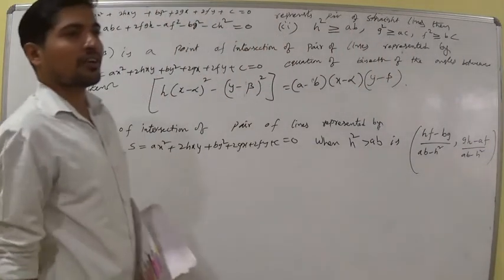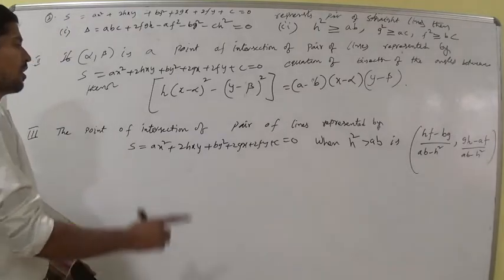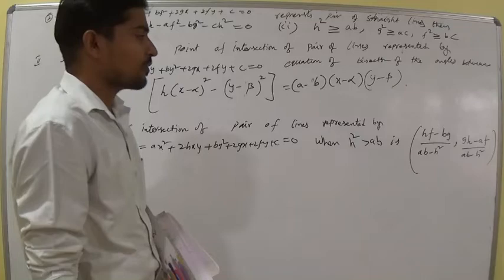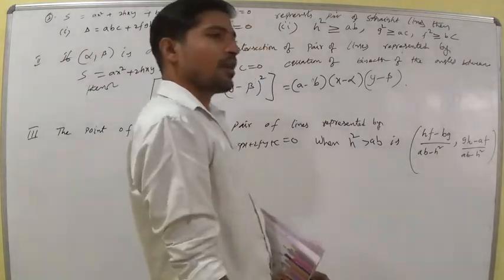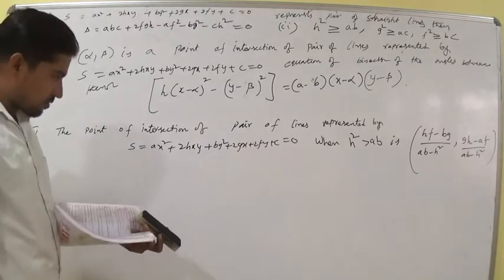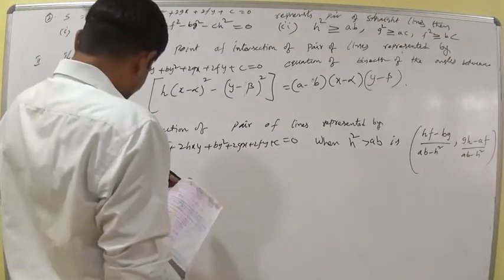The point of intersection of the pair of lines when h square is greater than ab, right?